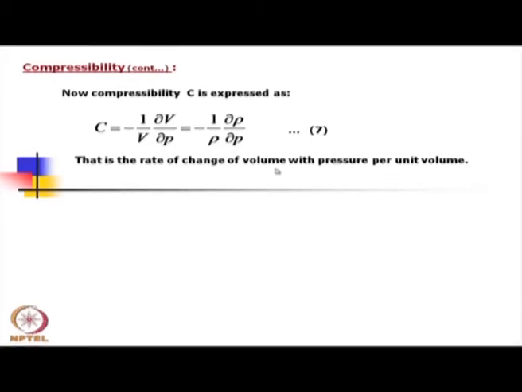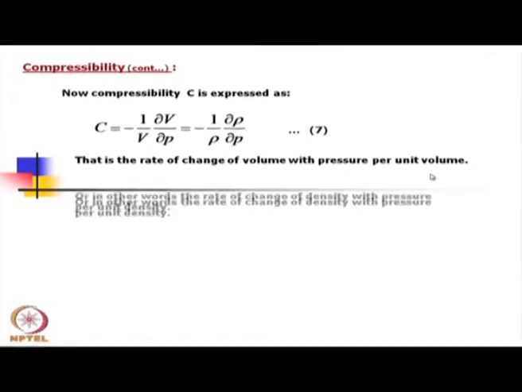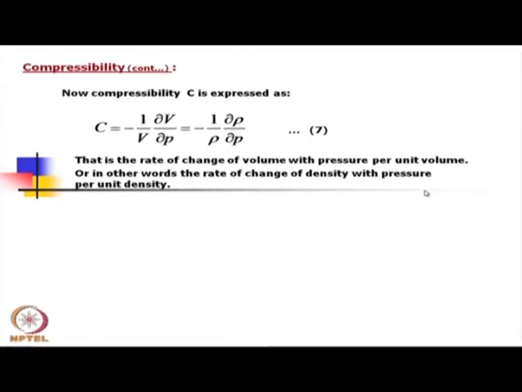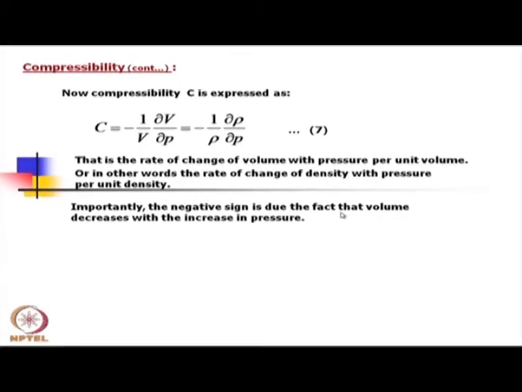That is the rate of change of volume with pressure per unit volume, or in other words the rate of change of density with pressure per unit density. Importantly, the negative sign is due to the fact that volume decreases with the increase in pressure.